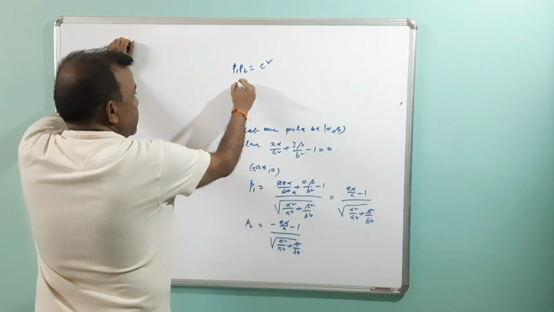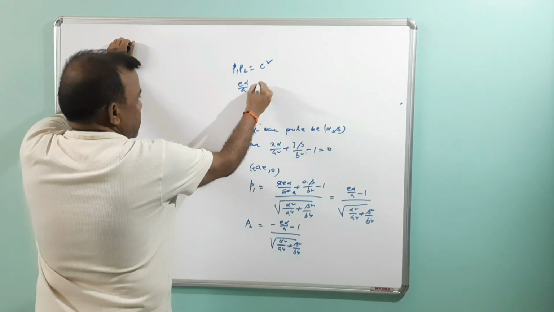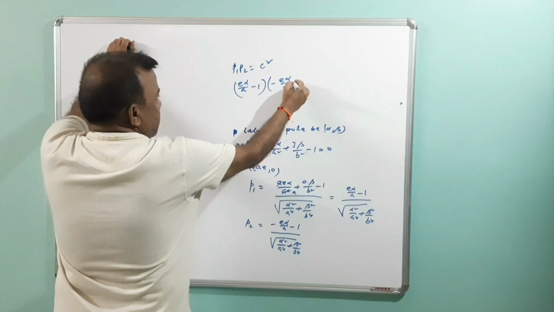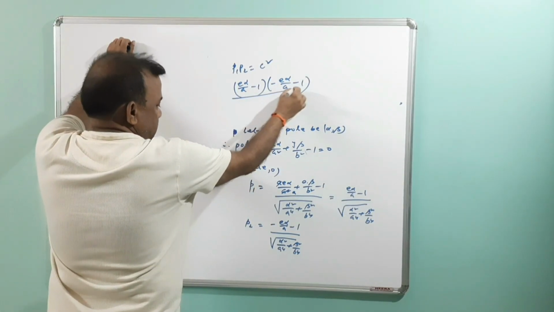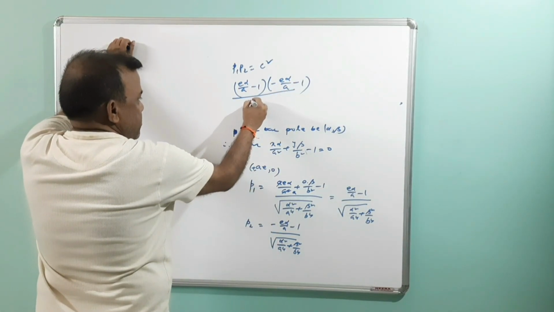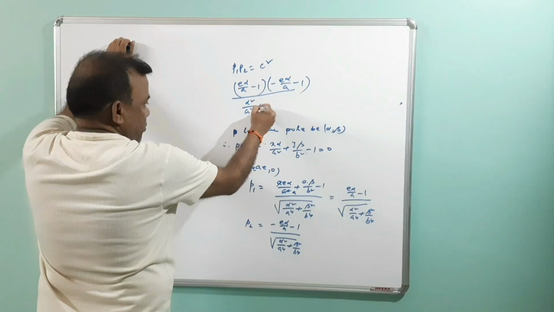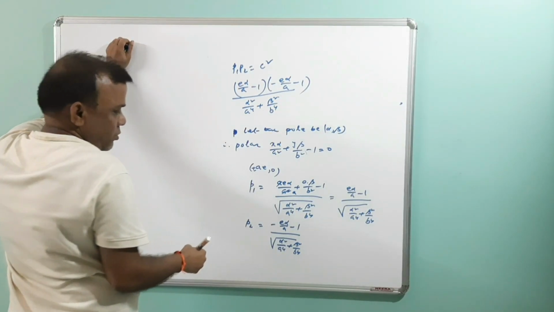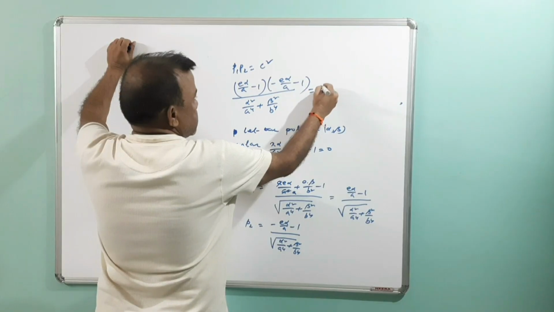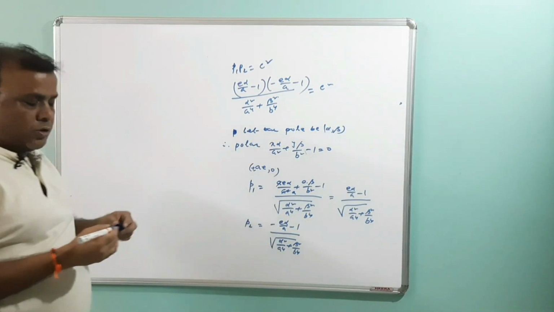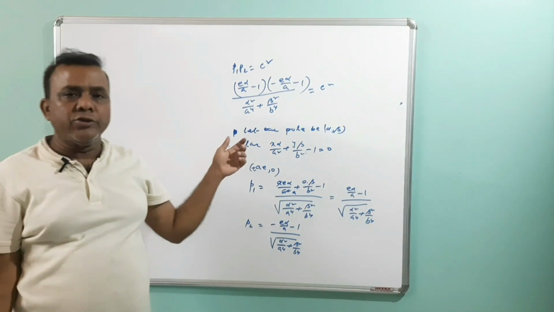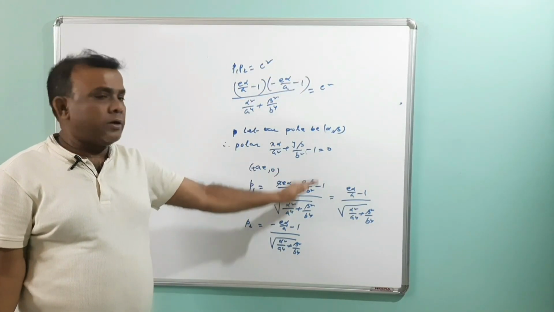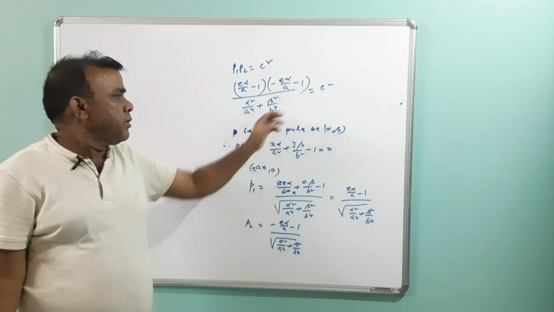Therefore, e alpha by a minus 1 into minus e alpha by a minus 1, divided by alpha square by a to the power 4 plus beta square by b to the power 4, is equal to c square. Product of the length of the perpendicular drawn from foci to the polar is c square.